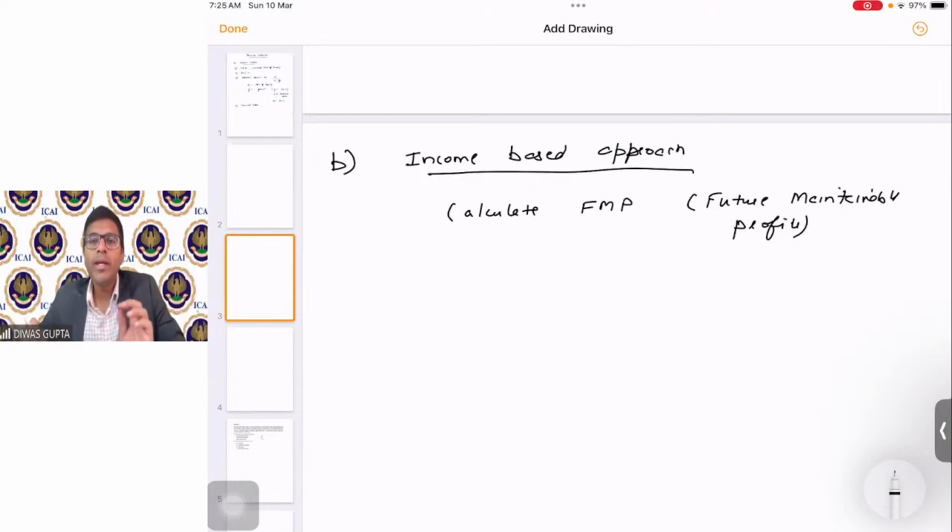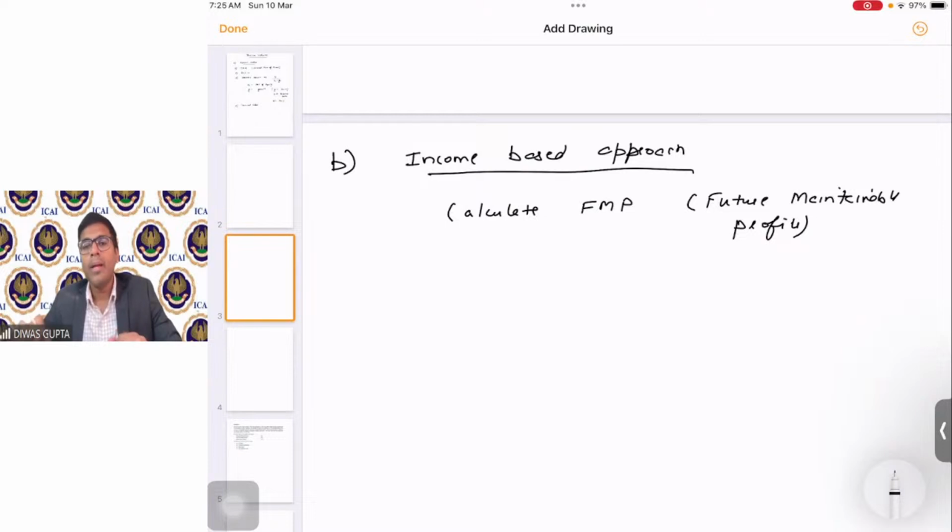Let's say today I'm earning 1 lakh. But out of this 1 lakh, 20,000 I was earning as a one-time income. So I will not earn 20,000 in future. That means only 80,000 is my future maintainable profit.